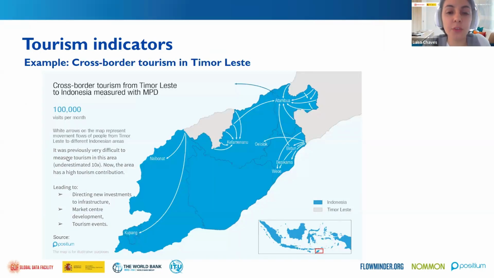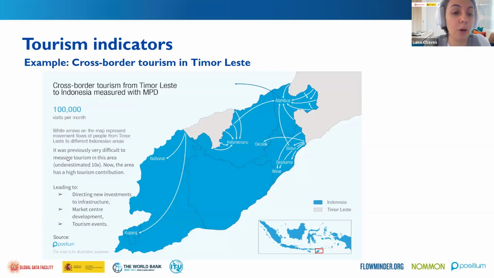An interesting example of using mobile phone data for tourist indicators comes from Indonesia. The country discovered that, according to international benchmarks, tourists coming from neighboring countries actually account for 30% of visitors, far higher than the 7% estimated using traditional methods. For instance, mobile phone data show that between Indonesia and Timor-Leste alone, close to 100 visitors cross the border each month for shopping, visiting relatives, and other activities.